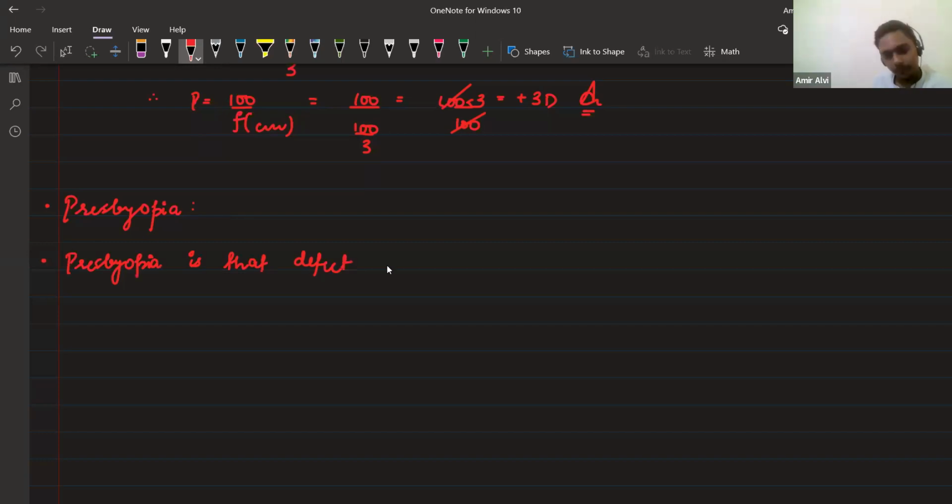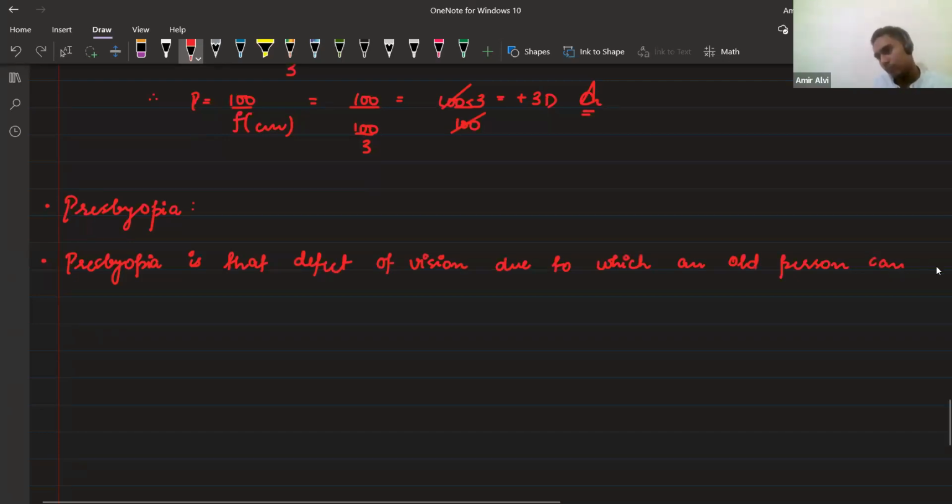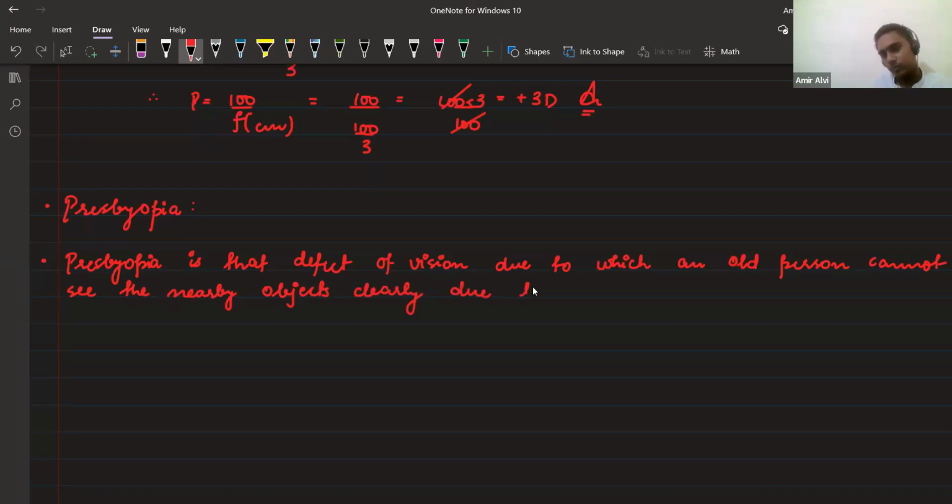Defect of vision due to which an old person cannot see the far objects or nearby objects clearly, due to loss of power of accommodation of the eye.